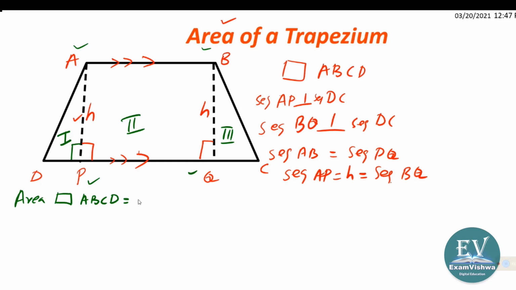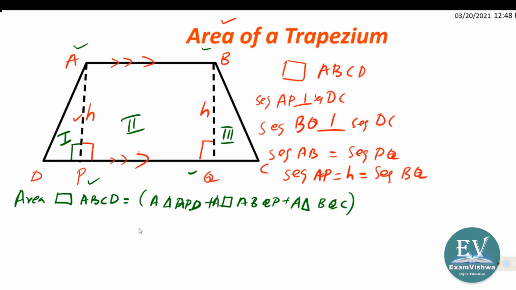So let me write it in that format, it is equal to the sum of the area of, let me name this triangle as APD, the first triangle, plus the area of the rectangle ABQP, then plus the area of triangle BQC.